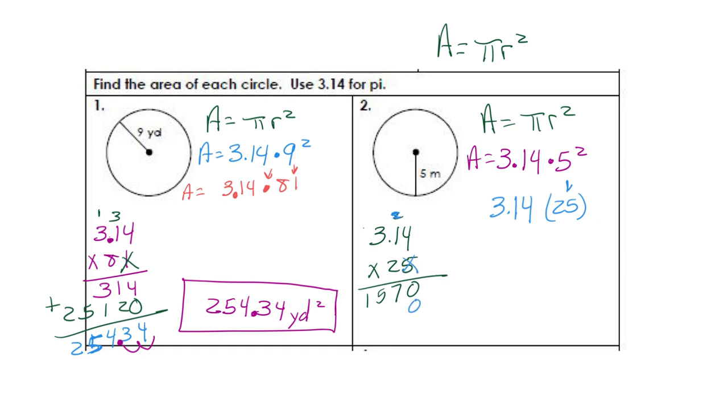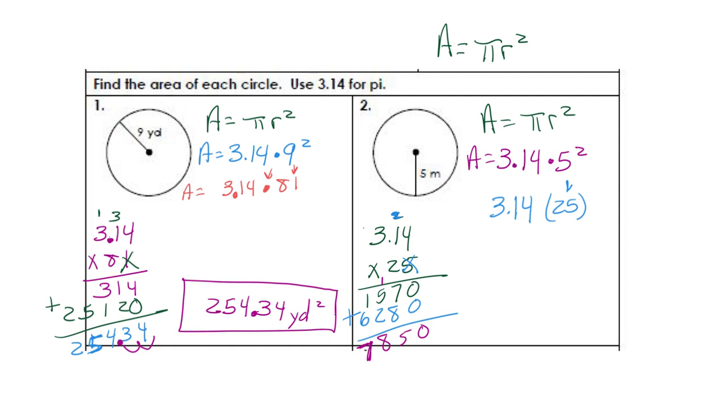We're going to go ahead and cross that little number up top so we don't get confused. 2 times 4 is 8. 2 times 1 is 2. 2 times 3 is 6. Draw a line, add them up. So 0, 7 plus 8 gives you 15. Put the 5 down, carry the 1. 5 plus 1 is 6, 7, 8. 6 plus 1 is 7. Make sure you can see that 7.